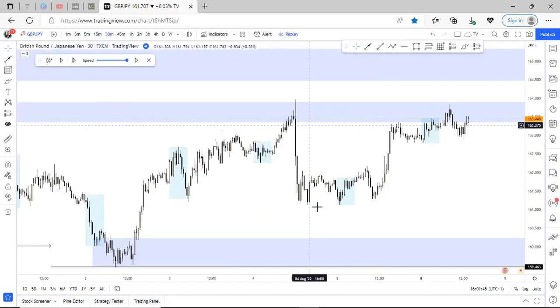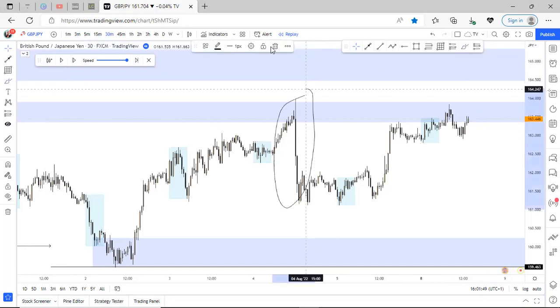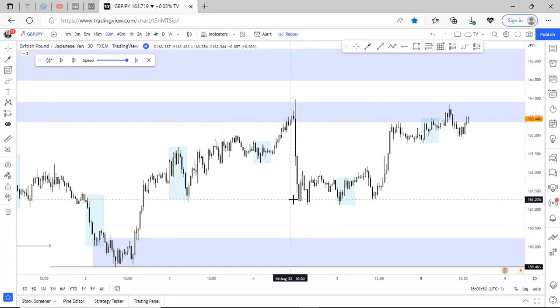As you can see, once we ran through this supply zone, market dropped immediately. This drop might be due to a news release, I don't know, but whenever we have huge massive candles like this, mostly it's because of news releases, okay? So now, as you can see, this dropped massively and we broke structure, okay?